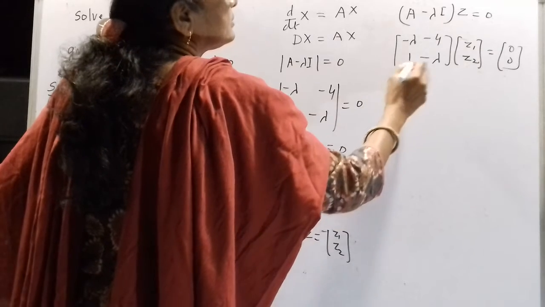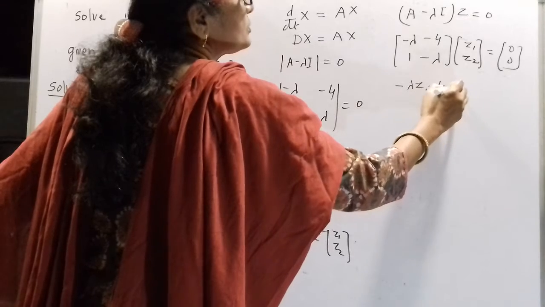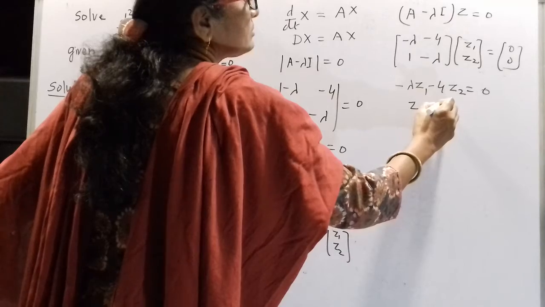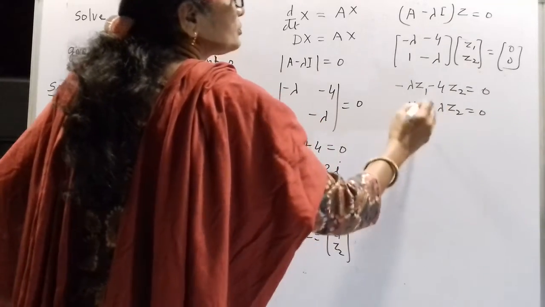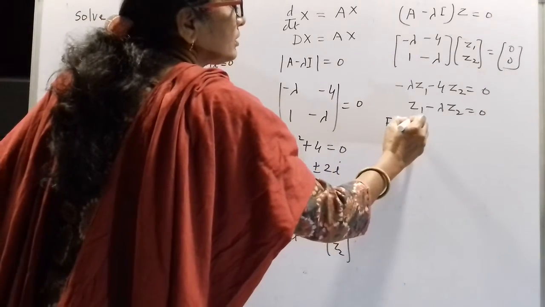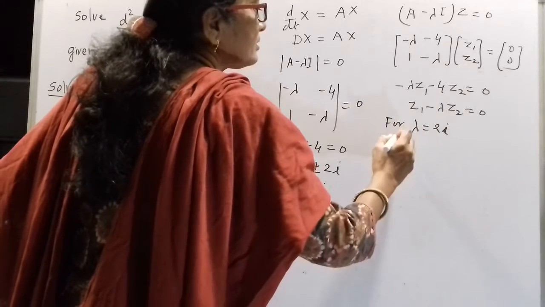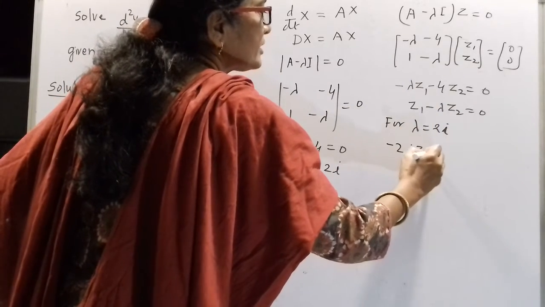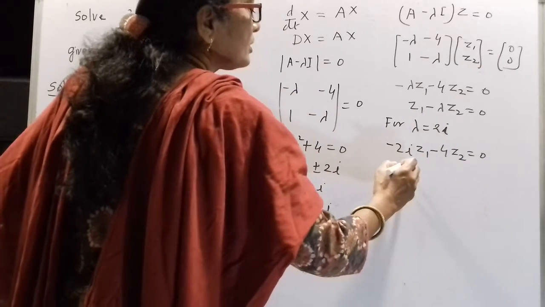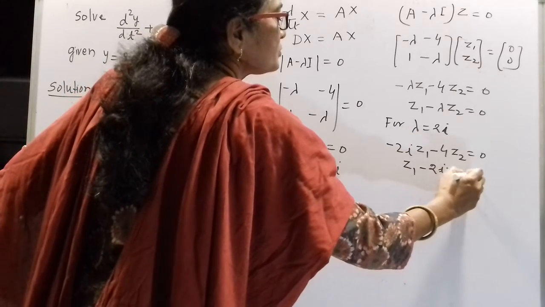We get the equations −λZ1 − 4Z2 = 0 and Z1 − λZ2 = 0. For λ = 2i, we get −2i Z1 − 4Z2 = 0 and Z1 − 2i Z2 = 0.